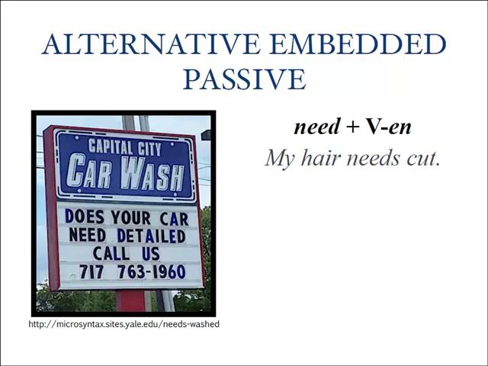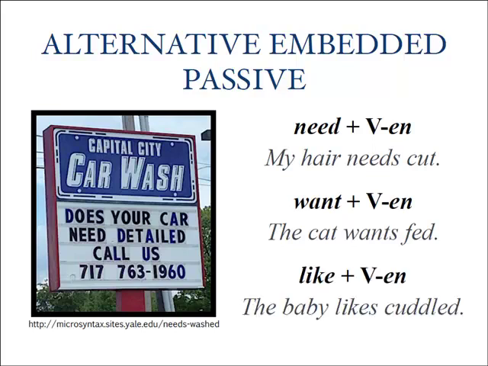So something like my hair needs cut, right? We also see this with wants, so the cat wants fed, and sometimes with like as well. The baby likes cuddled, right? And those are pretty much the main verbs, these three verbs that we get this AEP with.